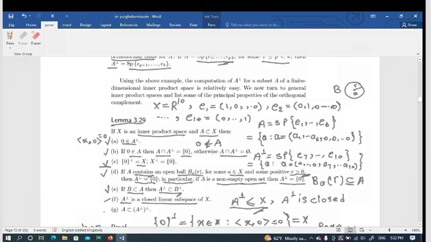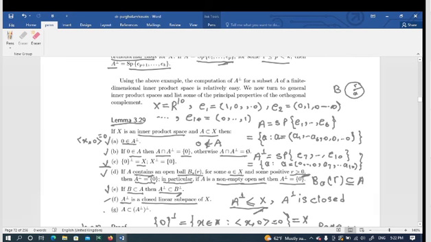The inner product of x and 0 equals 0 for any x. B: if 0 belongs to A, the intersection of A and A orthogonal equals {0}.